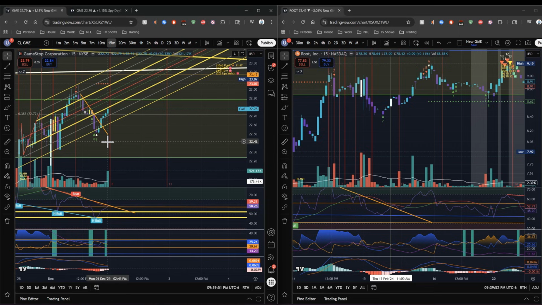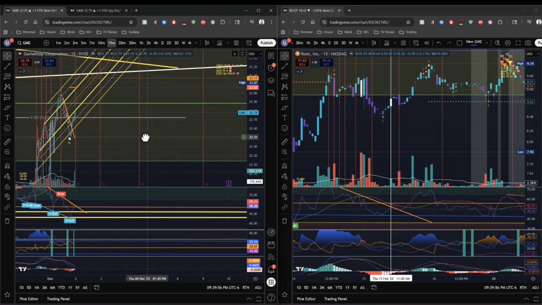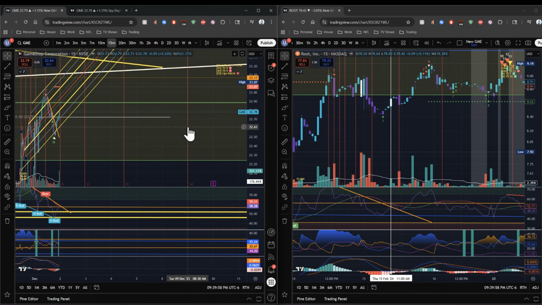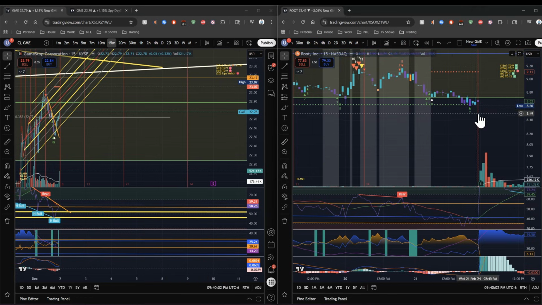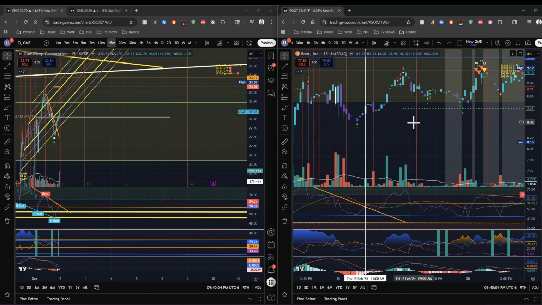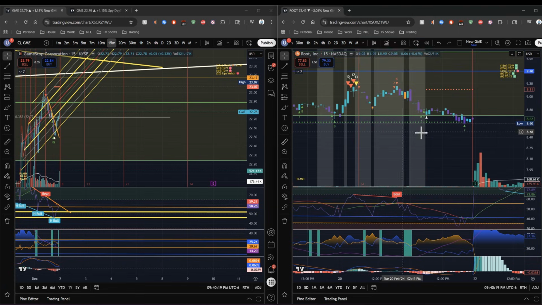So let's see. 1, 2, 3. I needed to zoom out more. That's why. Okay, so 4. And so looking back here, there's the fourth. 1, 2, 3, 4, right? So assuming that that's where we're at, we technically have the same amount of fib time zones as Root does until it actually launched.